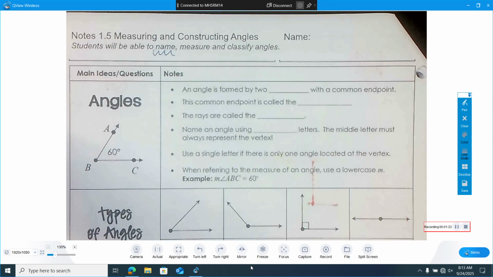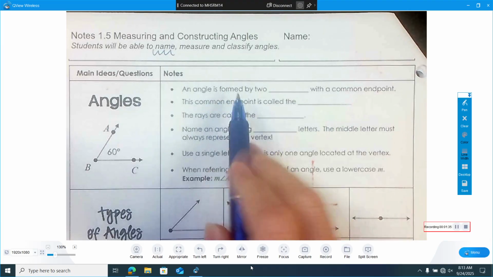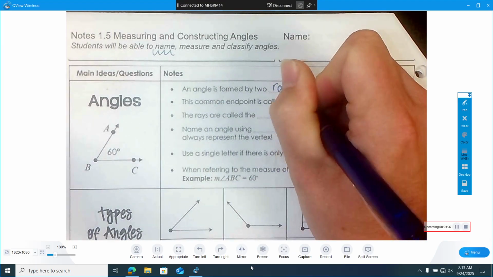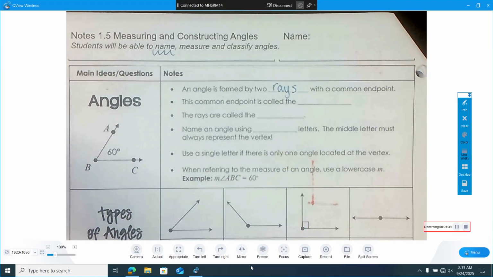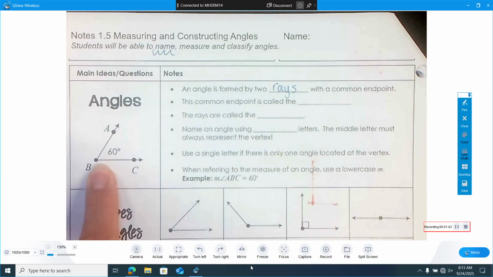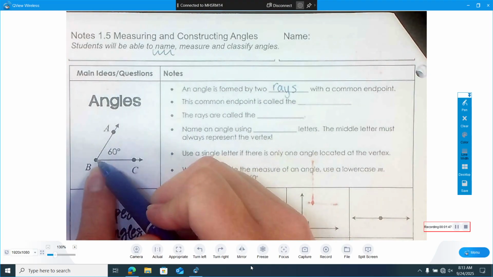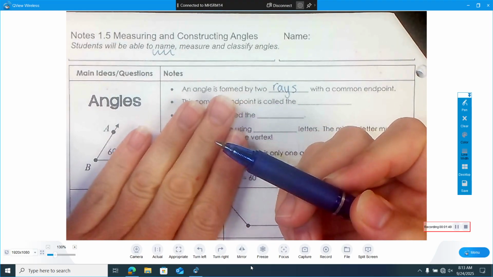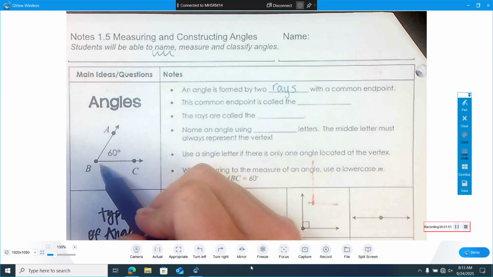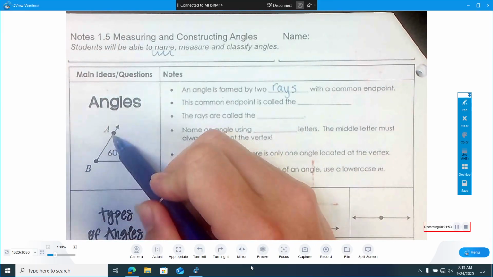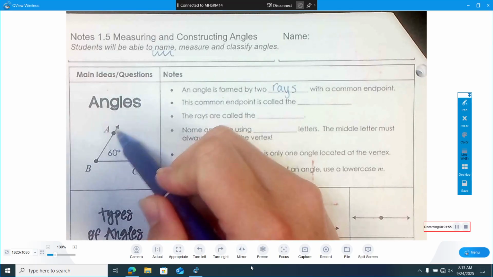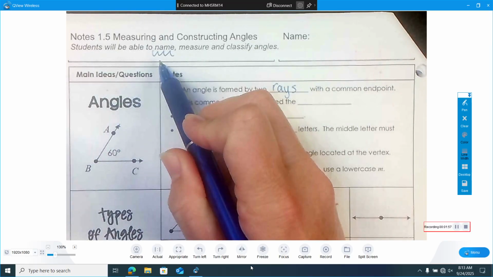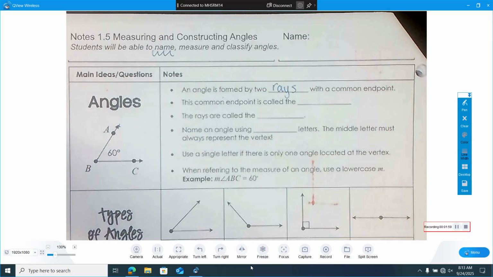An angle is formed by two rays with a common end point. So here we have an example of a ray right here. It starts at B, and then it passes through A, and it continues in one direction. So there's only one arrow, so that's a ray.